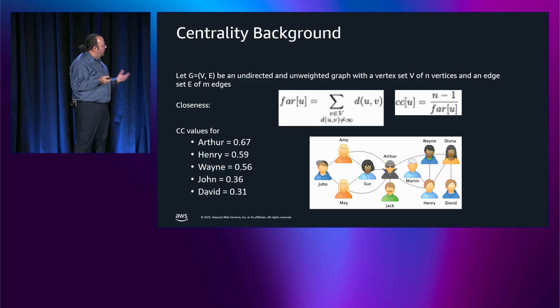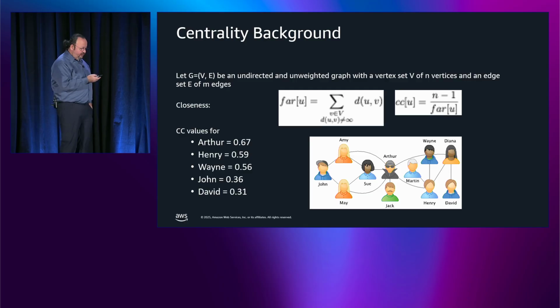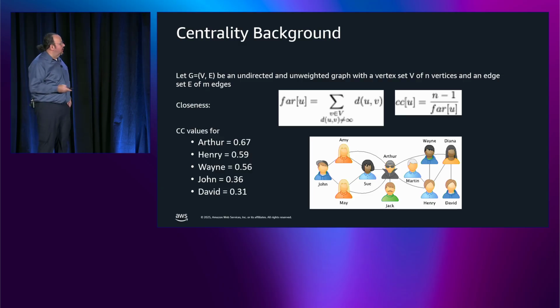So given a graph, for every single vertex, you go over the distance to all other vertices and you sum them up. So you compute how far this vertex is from everyone else. And closeness centrality is the reciprocal: the number of all other vertices, minus 1, divided by how far you are.